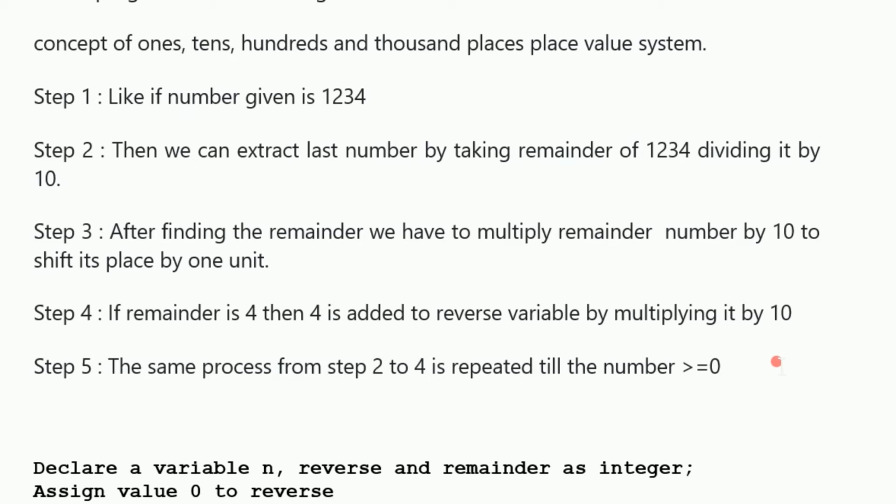So first, from 1 2 3 4, we extract the 4 by using the modulus operator, 1 2 3 4 mod 10. Then the extracted number is 4. Then we add that 4 to the reverse variable, and we multiply that by 10, and that process is step 4.